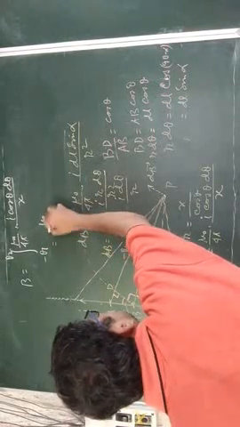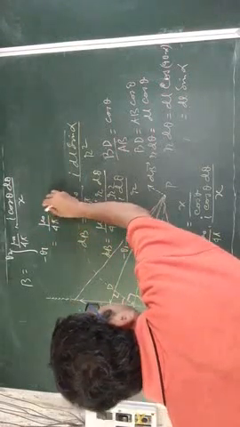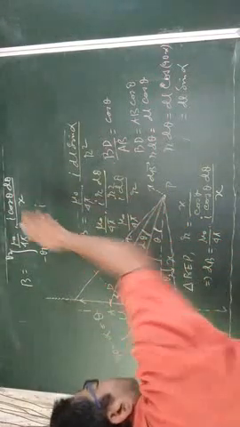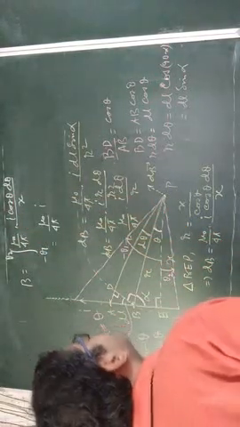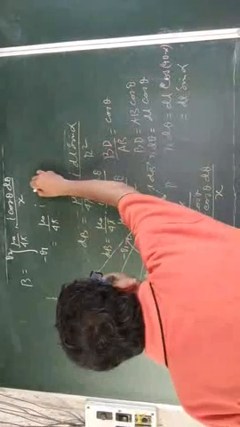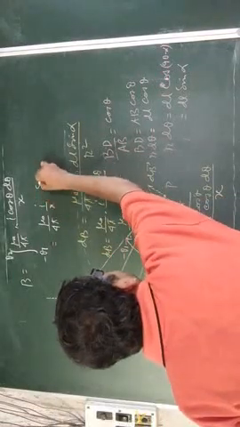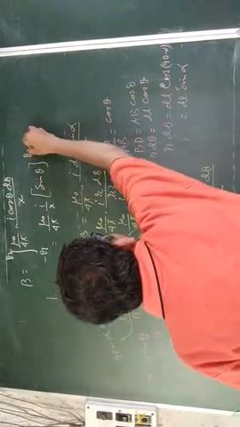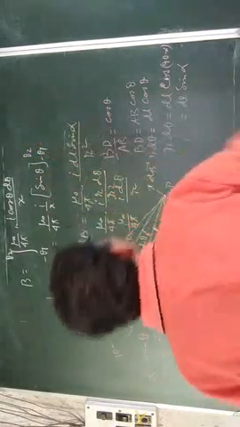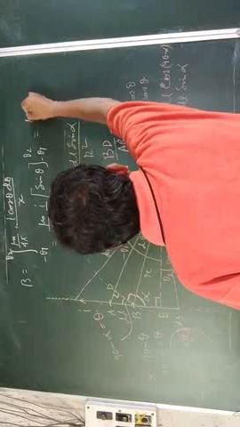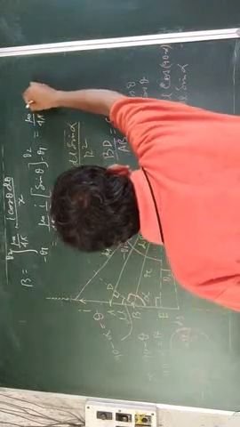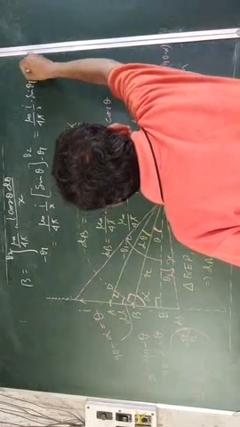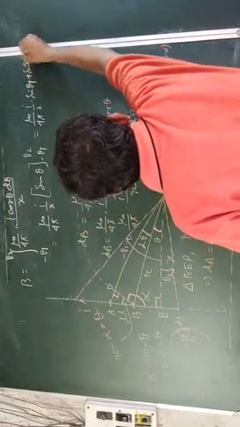This will give us integration of cos theta, sin theta, from minus theta 1 to theta 2. That means mu naught upon 4 pi I by x into sin theta 1 plus sin theta 2.